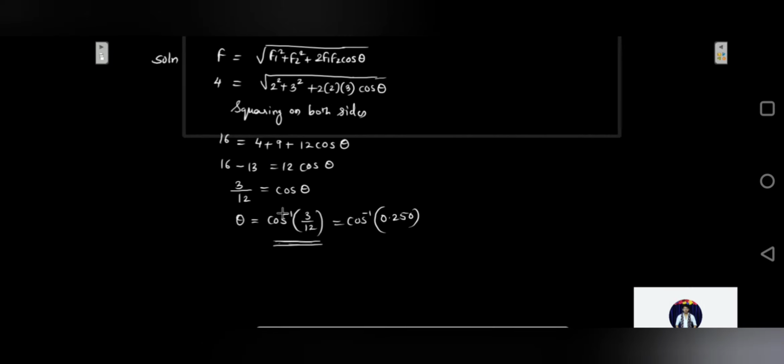Write down the next question. The magnitude of x and y component of vector A are 7 and 6 respectively.